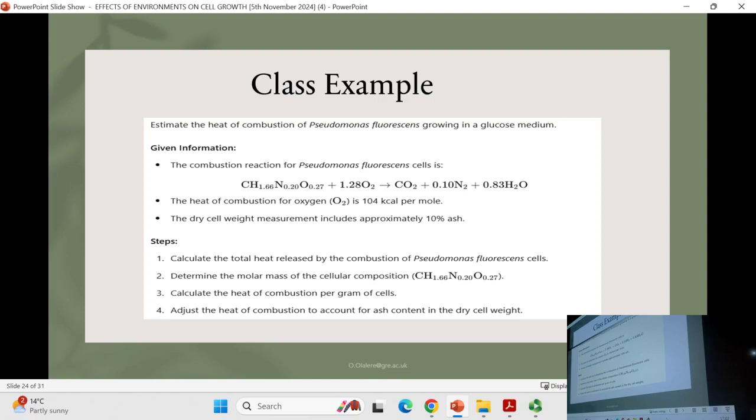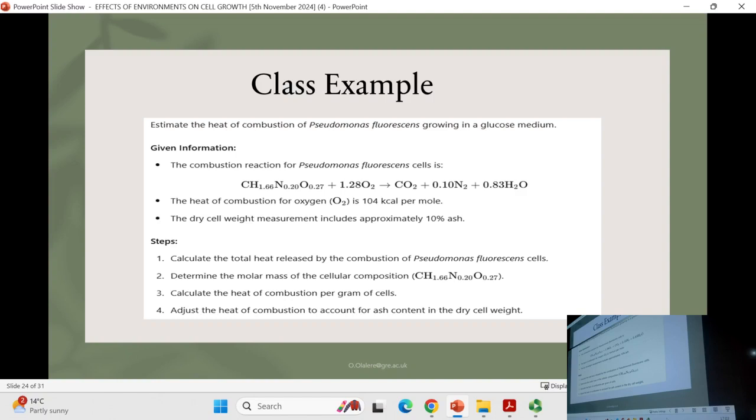So, estimate the heat of combustion of Pseudomonas fluorescens growing in glucose medium. Let me give you an example. Let's say I give you this as a project. For temperature, you need to look at the temperature tolerance of Pseudomonas fluorescens.